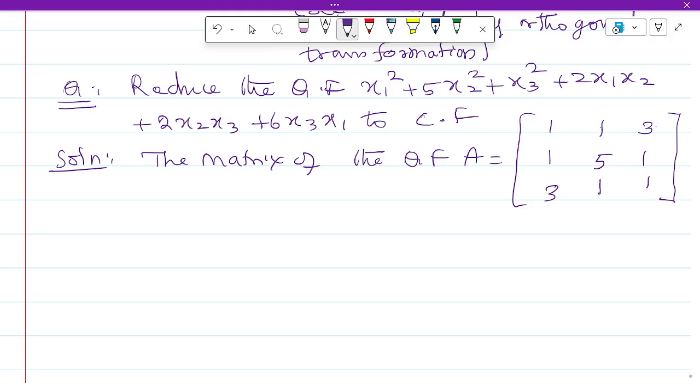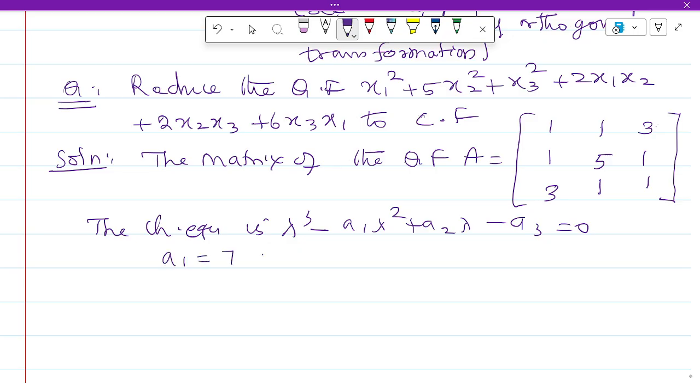So we can form the matrix. We can write the characteristic equation. The characteristic equation is lambda cube minus A1 lambda square plus A2 lambda minus A3 equal to 0, where A1 is the sum of diagonal elements, and A2 is the sum of the minors of the diagonal elements, which you already know.